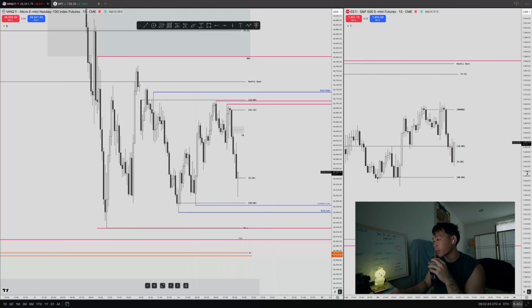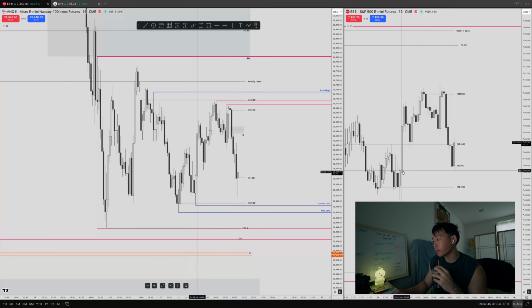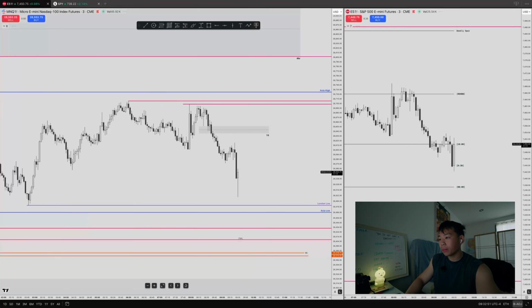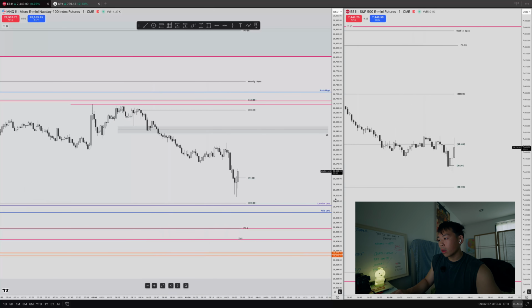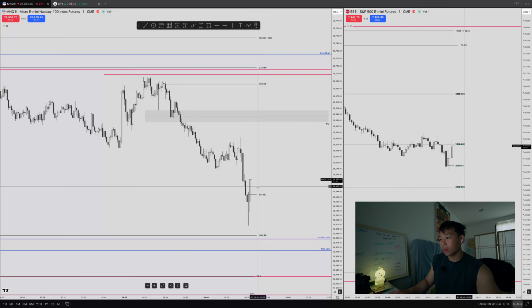Okay, so ES just taps into this volume imbalance here. If this plays, oh my god, that would be crazy.